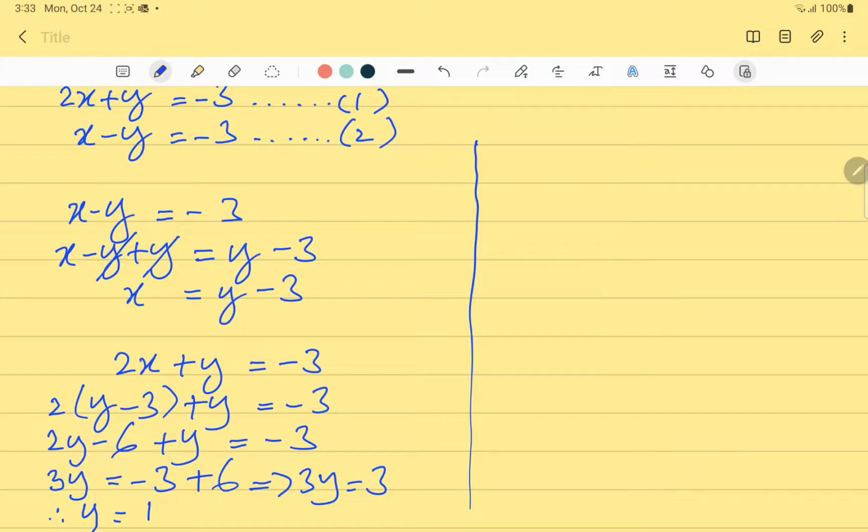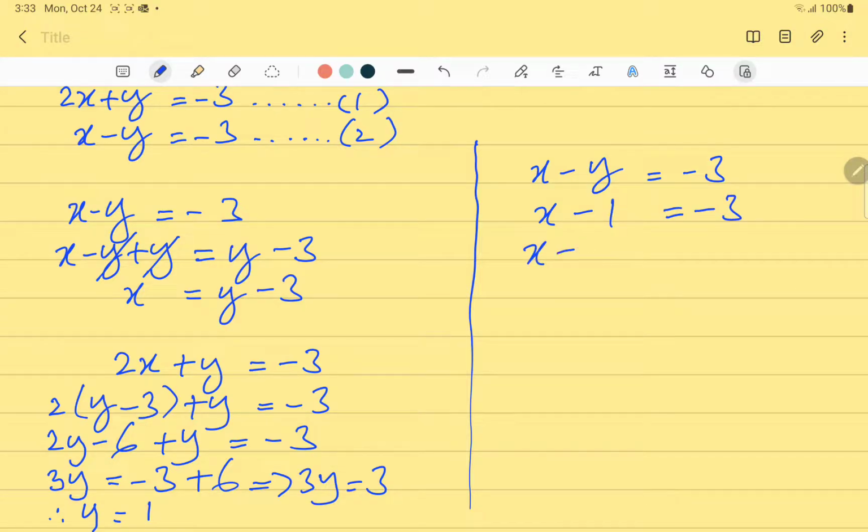Now by substituting y = 1 in equation number 2, we get, what is our equation number 2? It is x - y = -3. The value of y here is 1, so we will write x - 1 = -3.